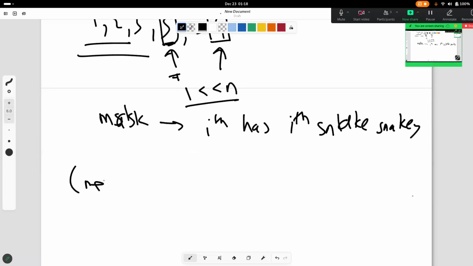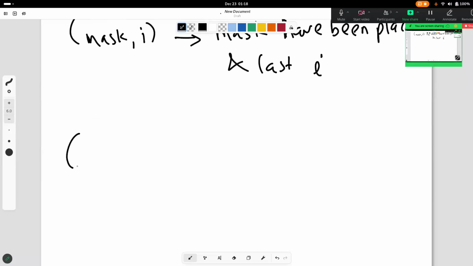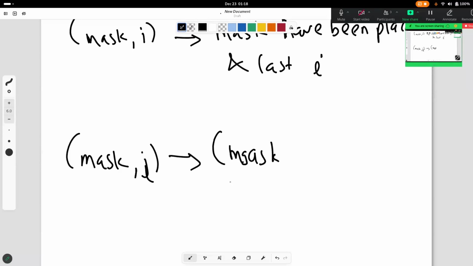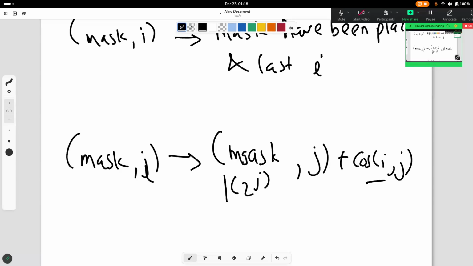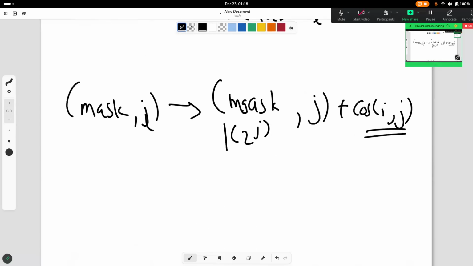Along with this mask, you will also have an element I such that all snakes in mask have been placed and the last snake is I. If you want to go from mask and place another snake J, you can add J into mask by ORing it with 2 raised to power J. The increased cost would be the cost of placing I and J in parallel, basically the cost that we calculated when we tried to place only 2 snakes.